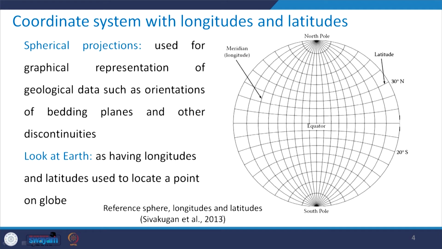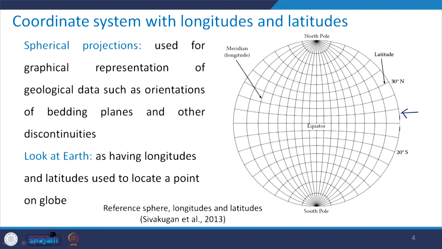Now, to first get the idea about this coordinate system, take a look at Earth. Consider a sphere which is shown here. Earth has latitudes and longitudes.